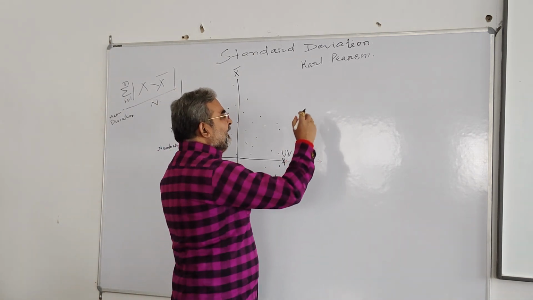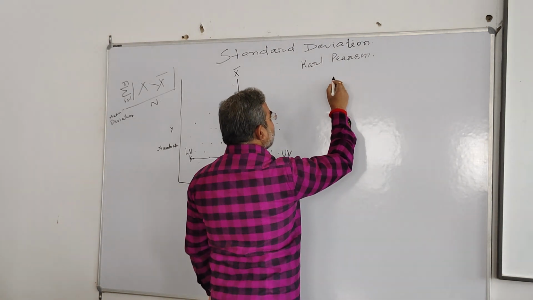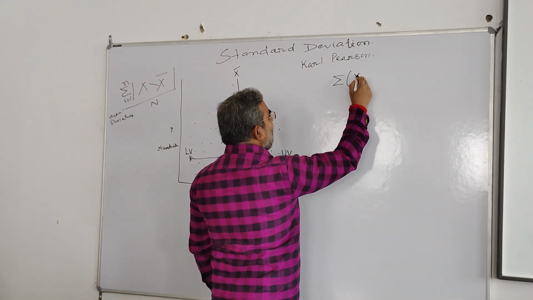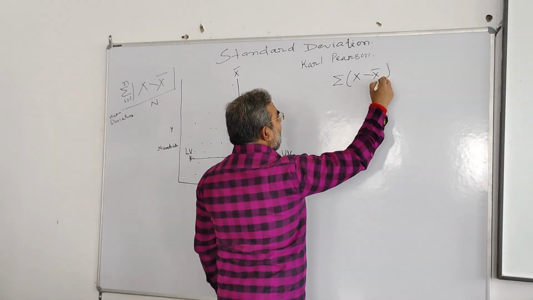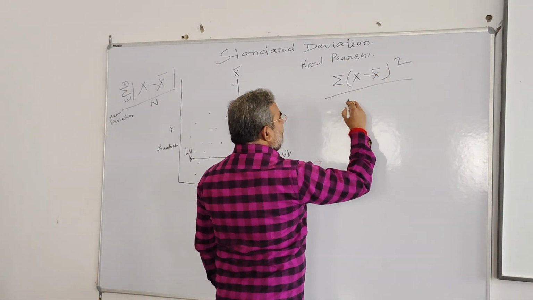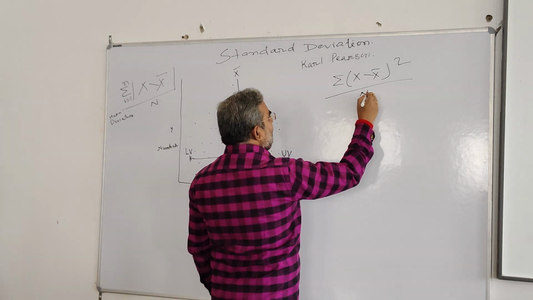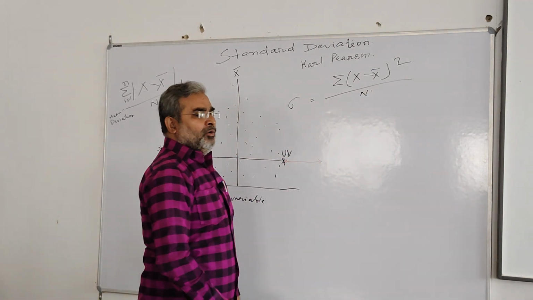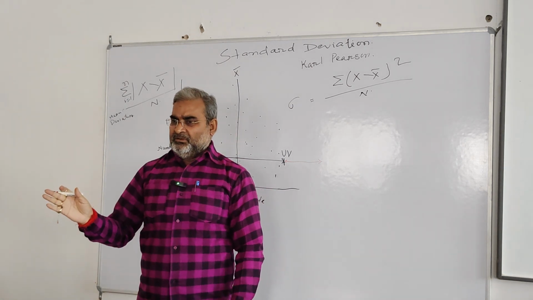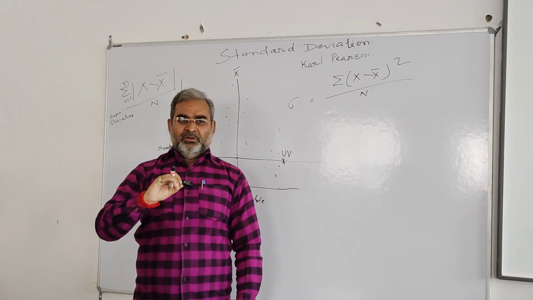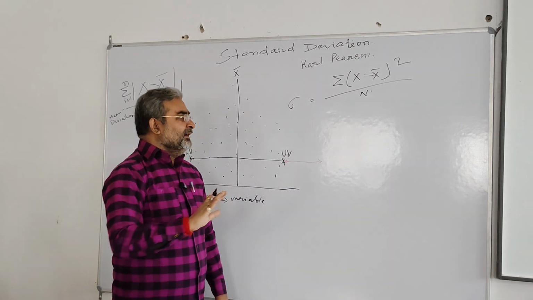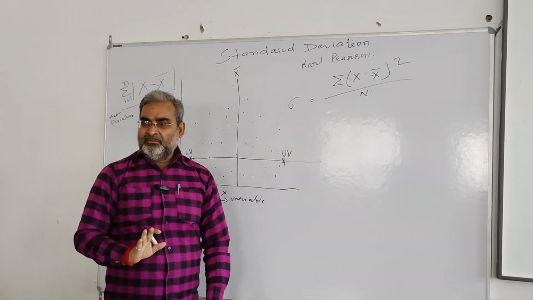That means he at first calculated the sum of squares of deviations divided by n.